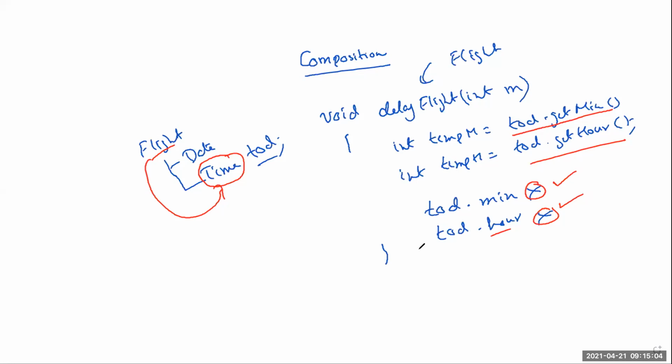But we can further make our life easier by making the flight, the container, a friend of the contained class, which is time in this case. The advantage would be that if I am writing a function in the flight class and I need private data of date or time or any other thing, then I can just write dot and I can access it. So now you see the link between the two, how friend classes can be useful in composition.